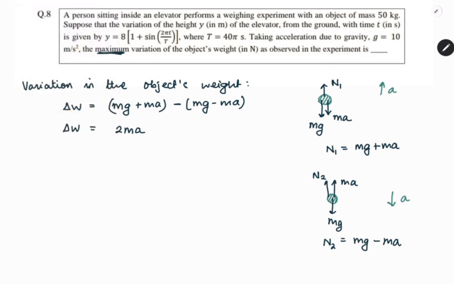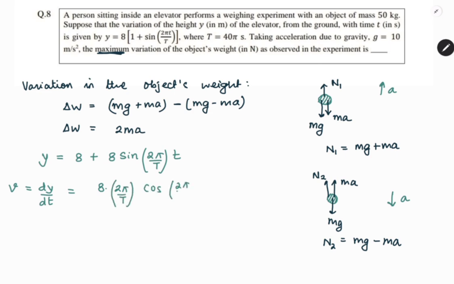So we have y is equal to 8 plus 8 sine (2π by capital T times t). If we write velocity, then we can write it as dy by dt. For dy by dt the constant is equal to 0, and we get 8 times omega, 2π by capital T, and the derivative of sine is cos, so cos(2π by capital T times small t).